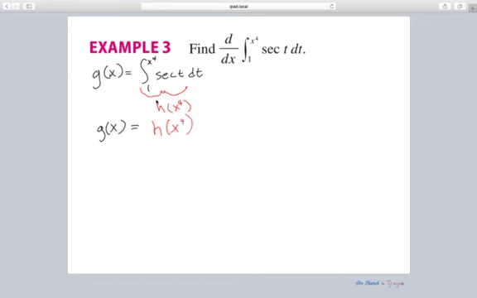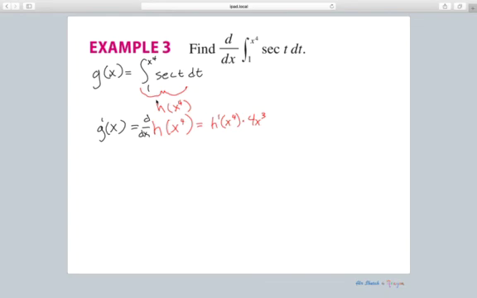And then what they're asking us to do is take the derivative, right? Well, what rule would you have to use to take the derivative when you have a function plugged into a function? Chain rule, right? And chain rule dictates that we take the derivative of the outside function, so h prime of x, leave the inside function alone, and then multiply by the derivative of the inside function, which would be 4x to the 3rd in this case.